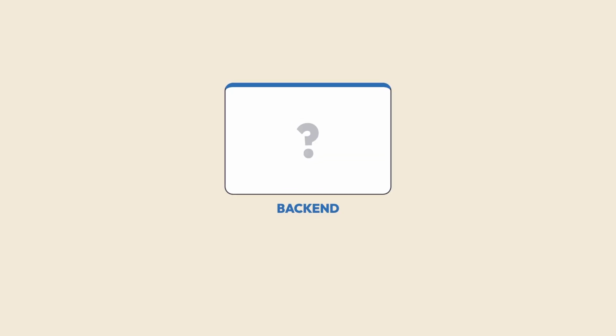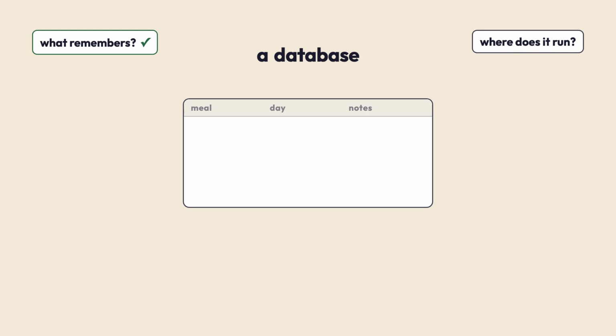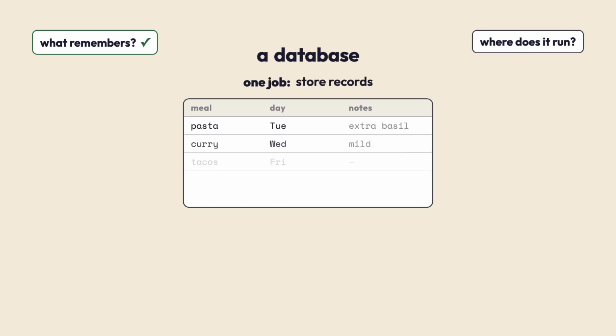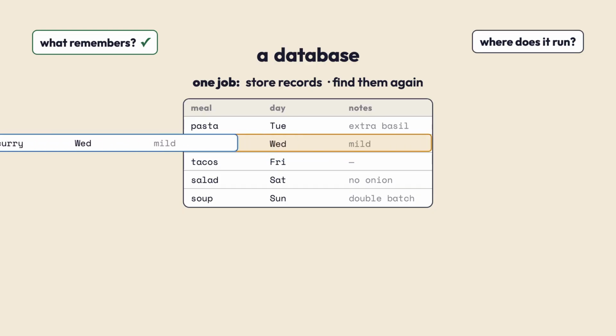Two questions remain. What actually does the remembering, and where does it run? A database does the remembering. A database is a program with one job: to store records and find them again reliably. Your Tuesday pasta is one record, your Wednesday curry is another. When a request comes in, the database looks up the right records and returns them.